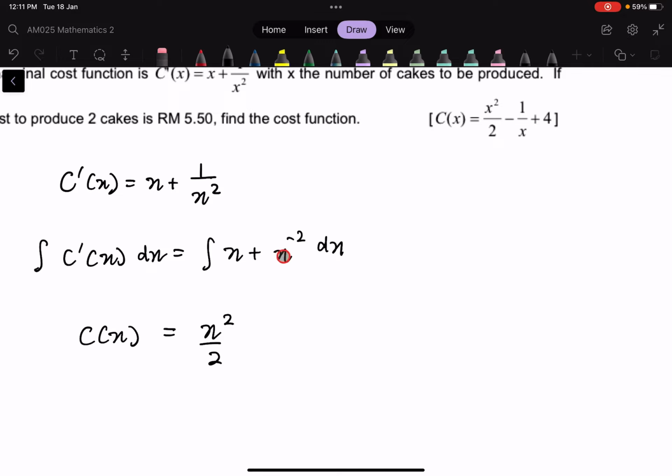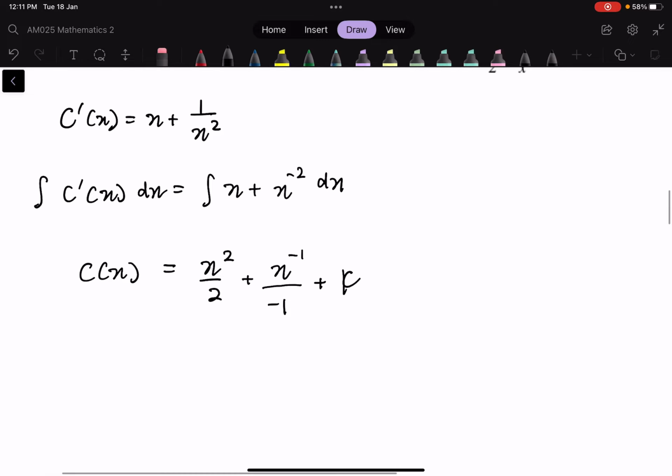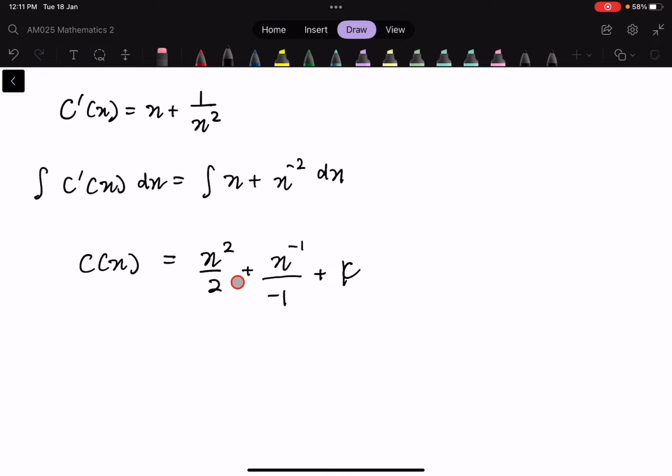If we integrate x to the power of negative 2, it is x to the power of negative 2 plus 1, which is negative 1, divided by negative 1, plus c or k or anything. Now, this plus and minus, we're going to get x squared over 2 minus 1 over x plus k.